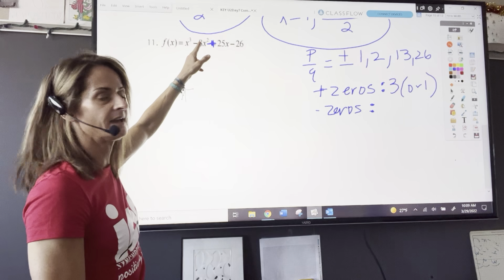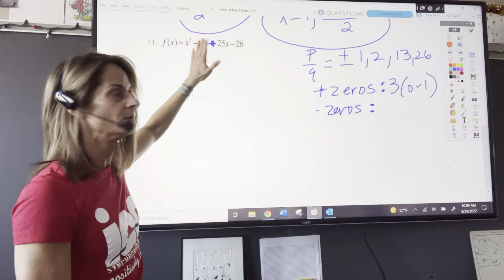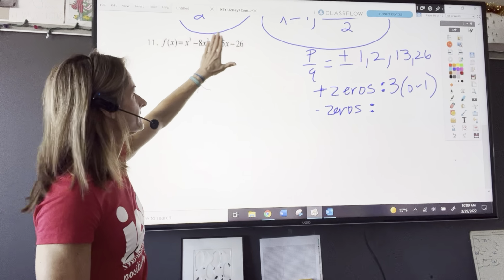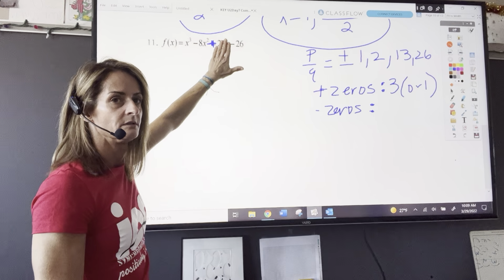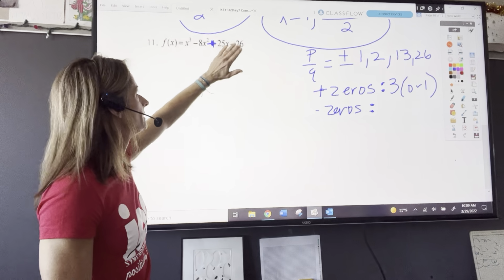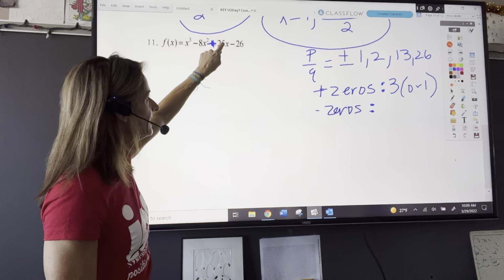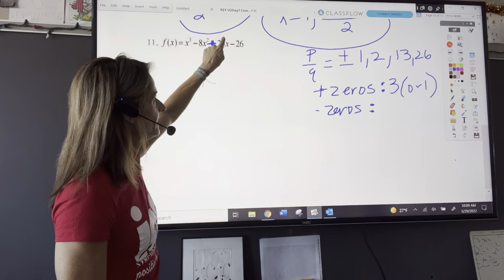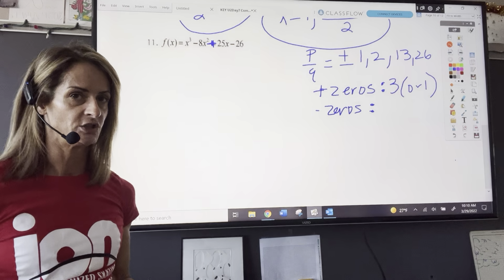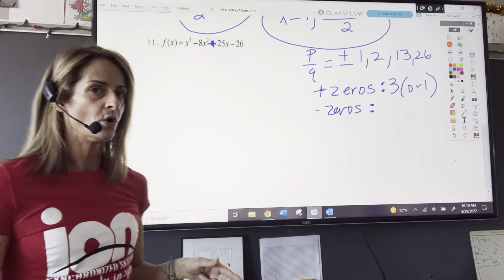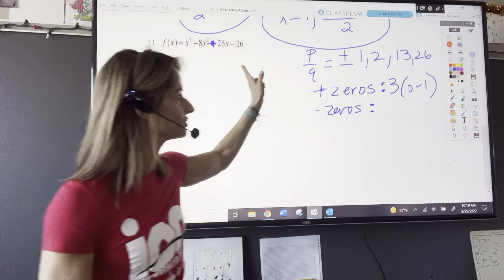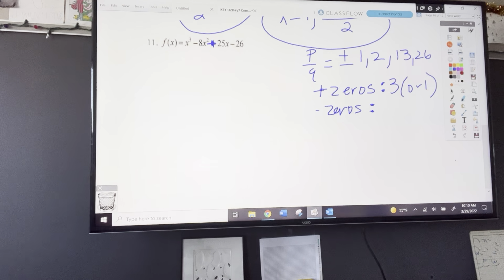So this sign's going to stay the same, and this sign's going to change, since it's an odd exponent. So this will be negative x cubed, negative 8x squared, negative 25x, and negative 26. No sign changes, which means we have no negative zeros. So we are not even going to try those negative numbers.